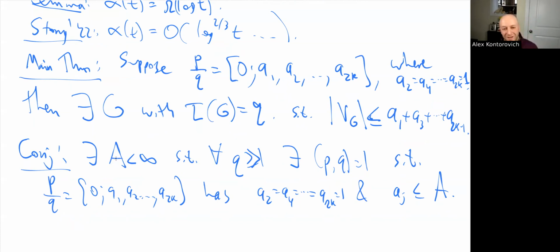There's some value of A, so that every denominator arises in a fraction where the partial quotients are all bounded by 1,000, and every other partial quotient is equal to 1.